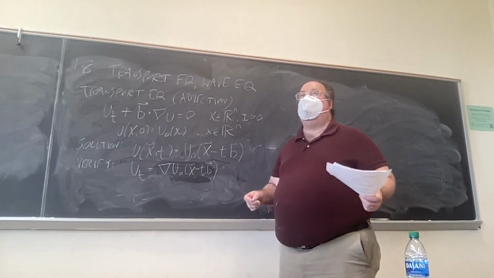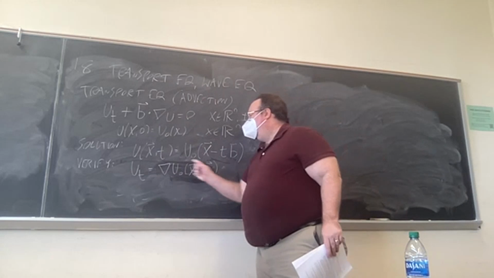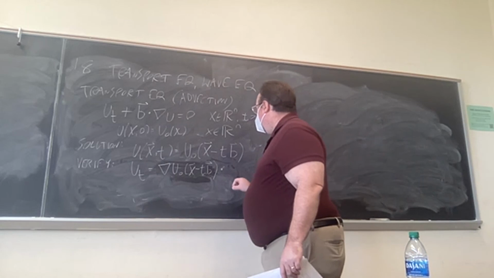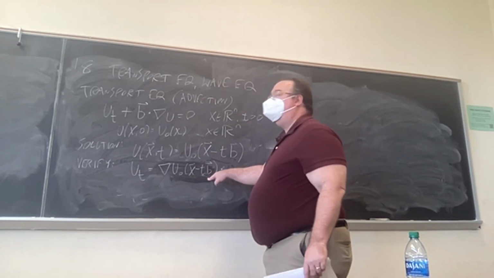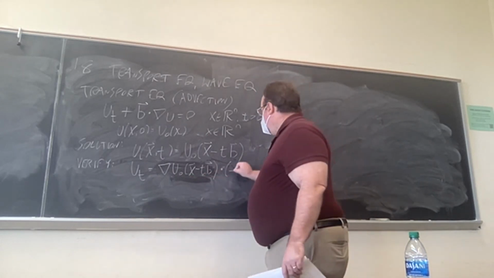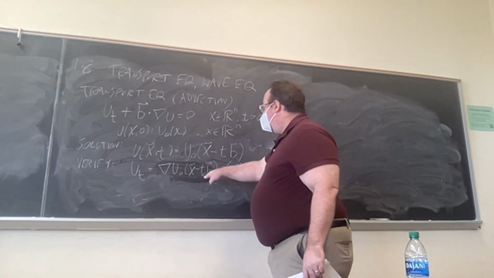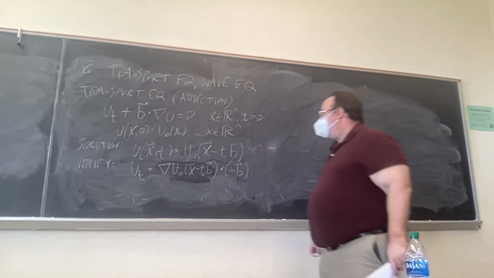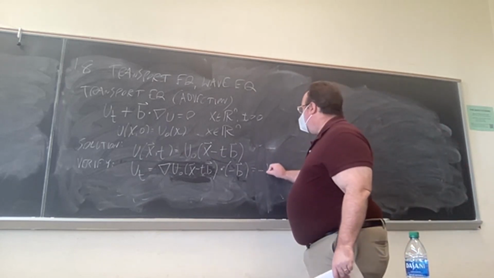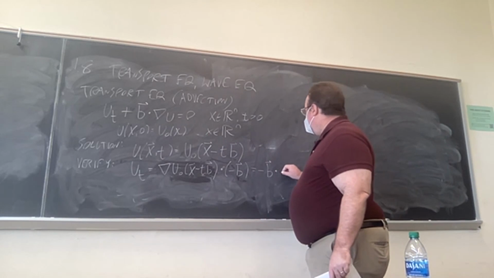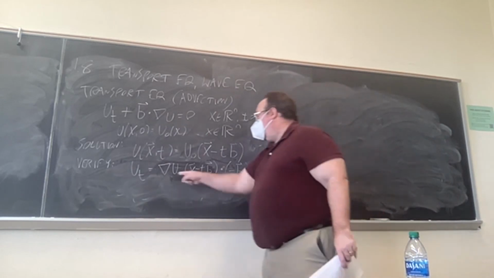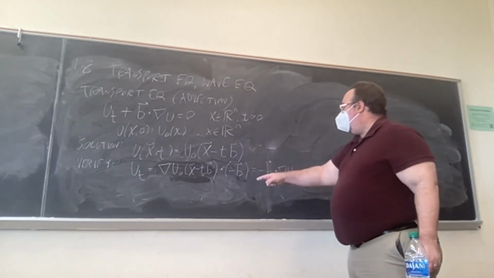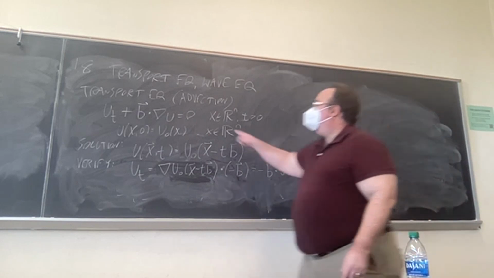But times in this case is dot product because the derivative here is a gradient, which is a vector. So now we have a dot product of the derivative of this with respect to time, but derivative of this with respect to time is just minus the vector b. But that's equal to minus b dot product with the gradient of u. That's right here. So u_t plus b dot gradient of u is 0.